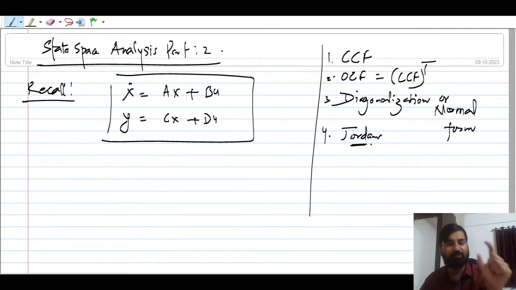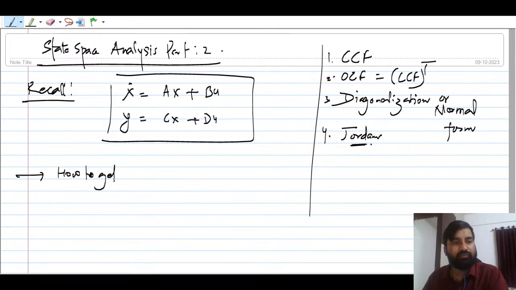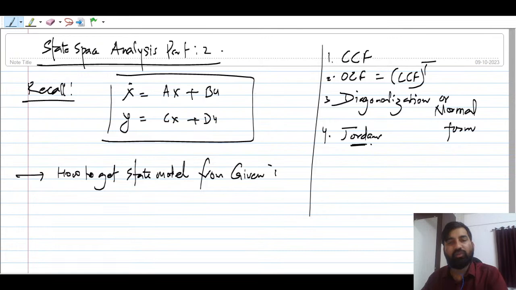Please remember these important concepts that I have discussed already. One important problem I discussed was how to get the state model. You can get the state model in CCF directly from the given differential equation, and from the given transfer function.